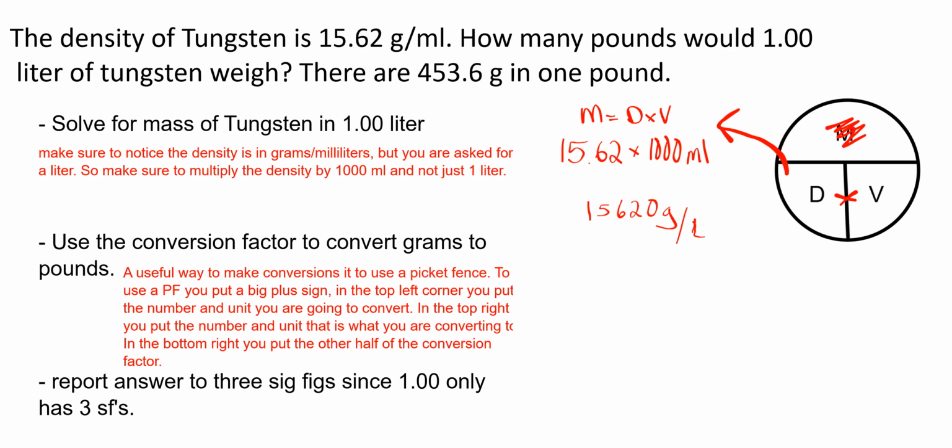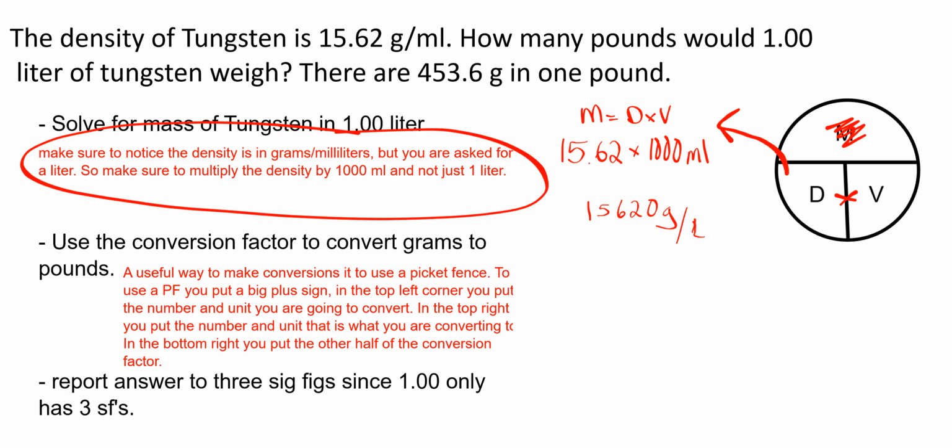Then I just plugged in the 2 numbers, but you'll notice here in red, make sure to notice the density is in grams per milliliters, but you are asked for a liter. So you have to multiply the density by 1,000 milliliters and not just 1 milliliter. So that's what this value is right here, or that step.